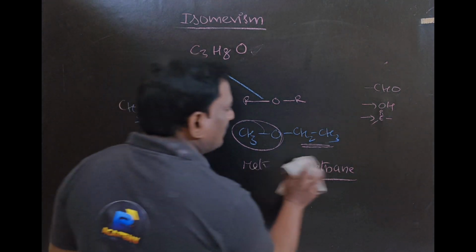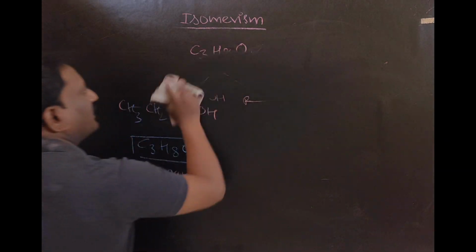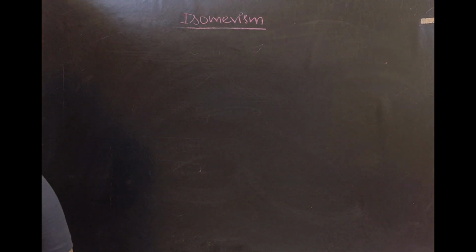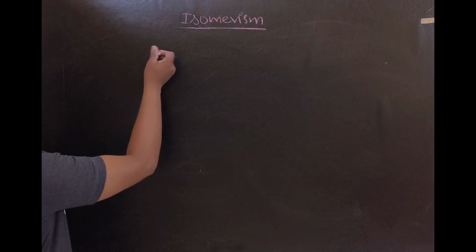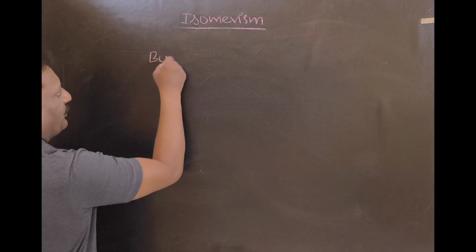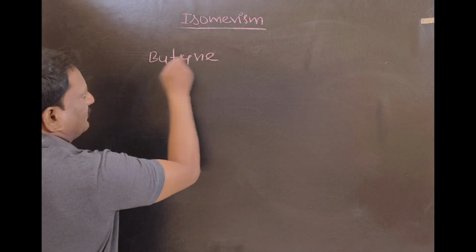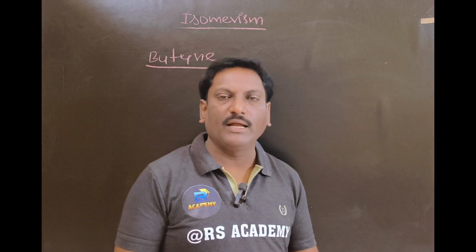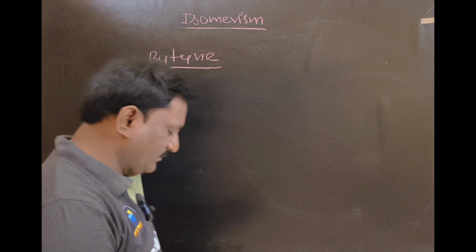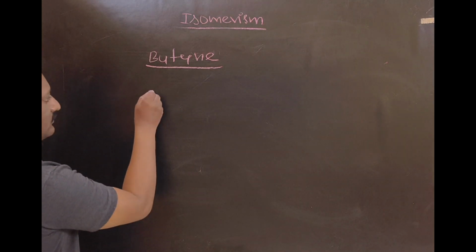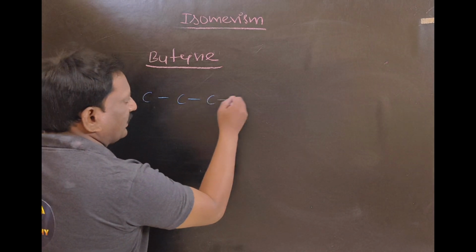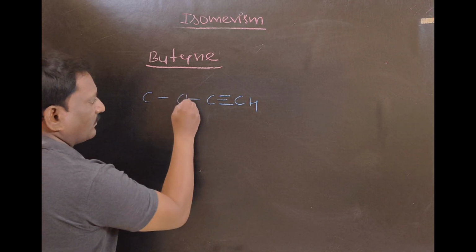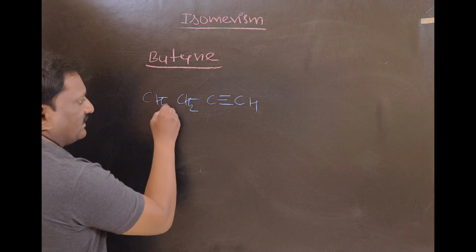The last one is alkynes are converted into dienes. Alkynes are converted into dienes. Let us take the butyne structure. Butyne means four carbon atoms with one triple bond. 1, 2, 3, 4, CH3.